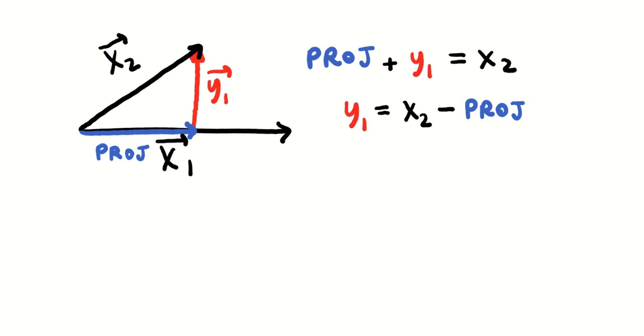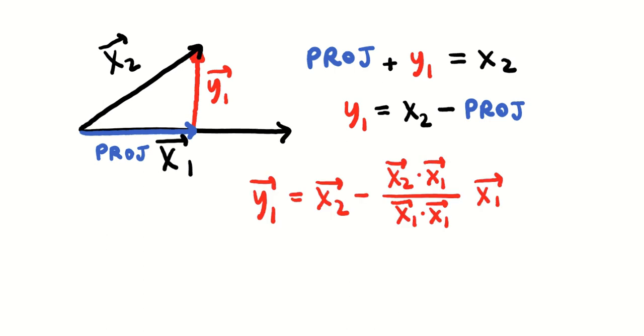Okay. And maybe I'll write down a formula for that. Right, we could use our shiny new projection formula, and we could compute it like that. But the idea is, this is how we're going to generate ourselves an orthogonal vector, by subtracting away a projection. That's a big idea.